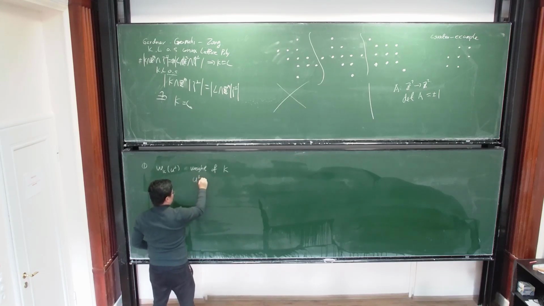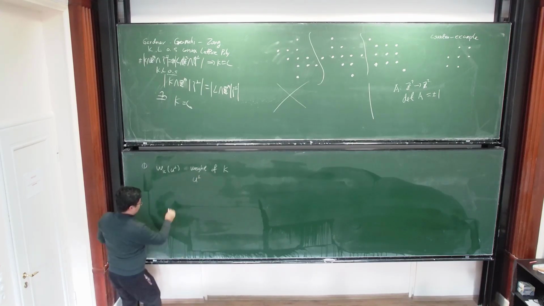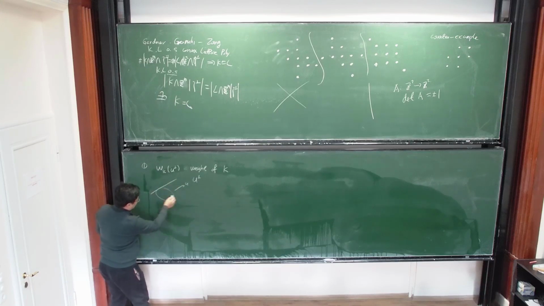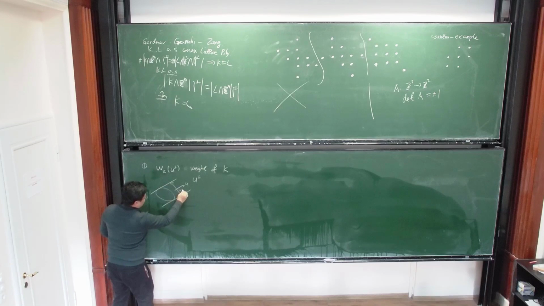You have some U, and you have some convex body K. Then this gives you the width.